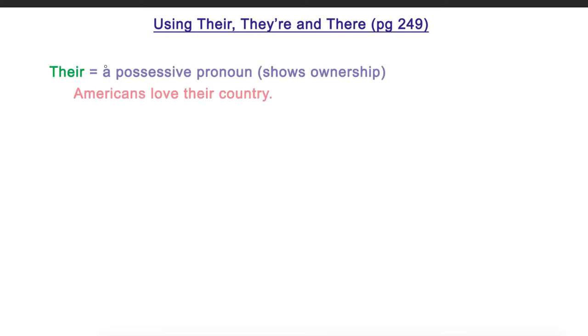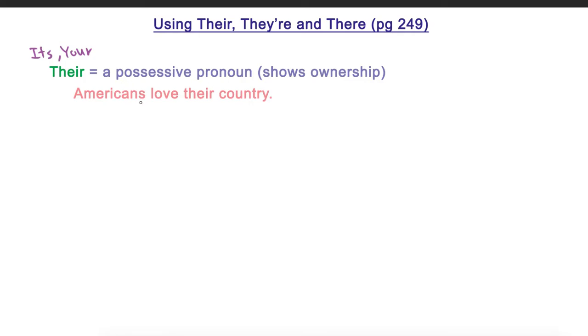So what's the difference between these three there words? Let's look at the first one, T-H-E-I-R. This their is a possessive pronoun, shows ownership, just like the other possessive pronouns we learned about, like its and your. It shows that something's owned by something else.